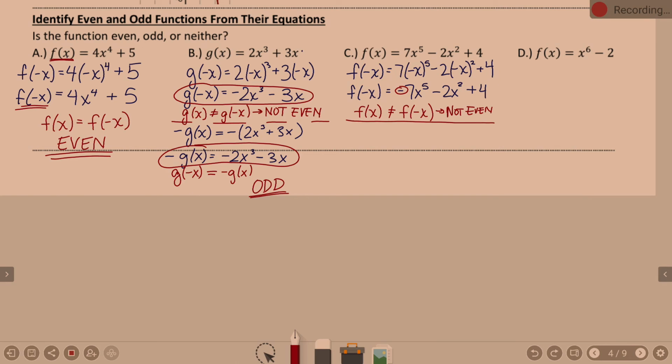So now we're going to check for oddness. So we're going to find negative f of x. So that means I'm going to say the negative of, I'm putting in parentheses, 7x to the 5th minus 2x squared plus 4.